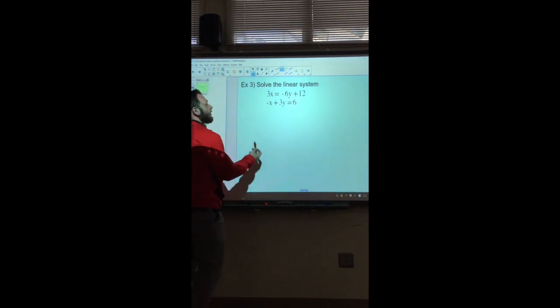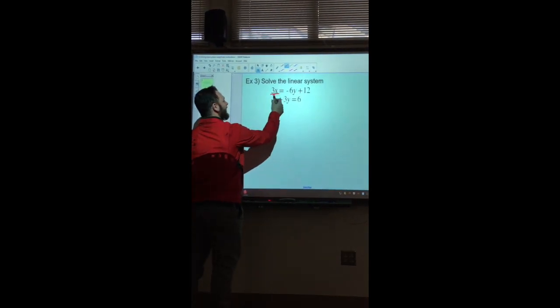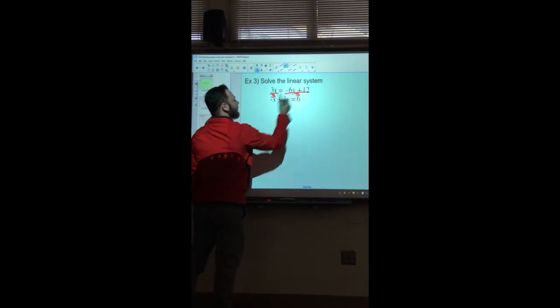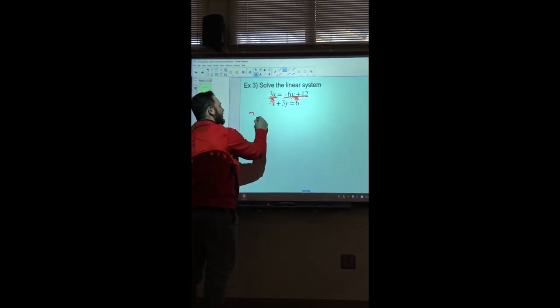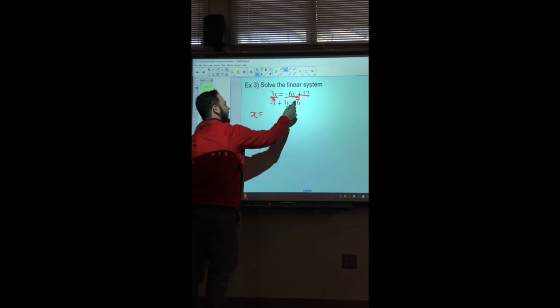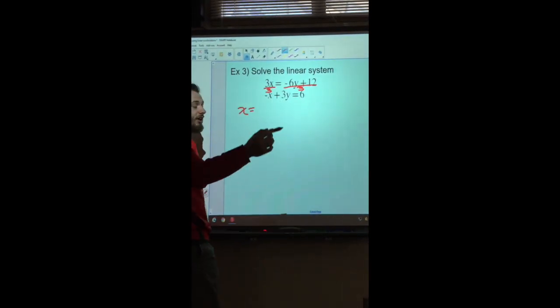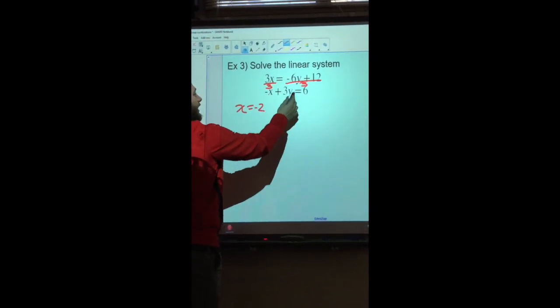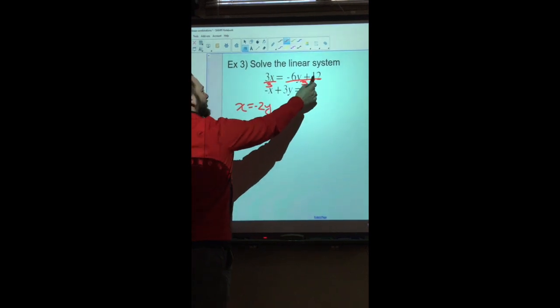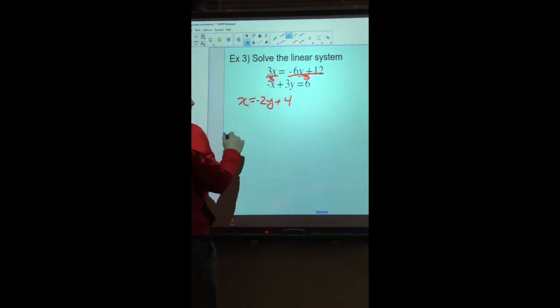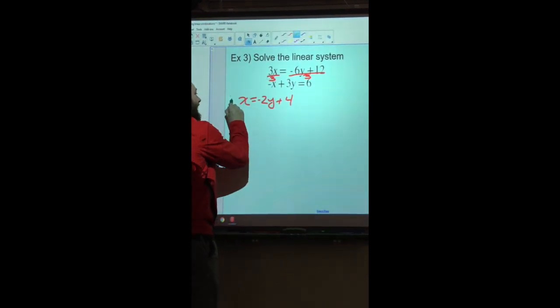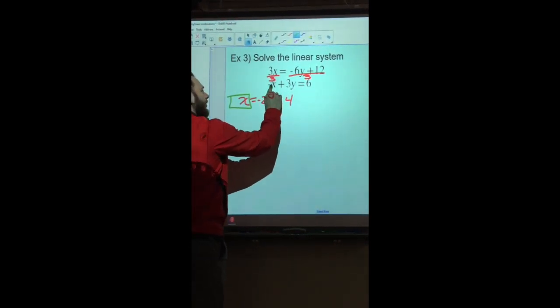For this one, you would divide everything by 3, because you're trying to get x all by itself. So x is going to equal negative 6y divided by 3. Negative 6 divided by 3 is negative 2, and then you can't forget the y, plus 12 divided by 3, which is 4. Now I can take this x and plug it in.